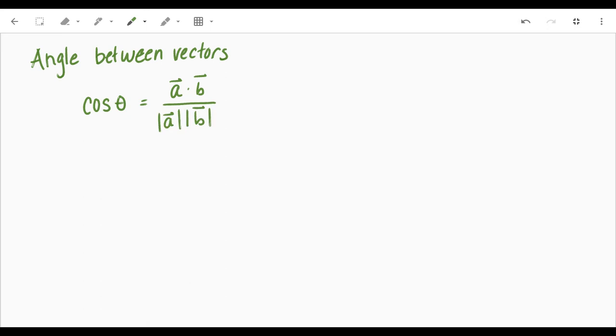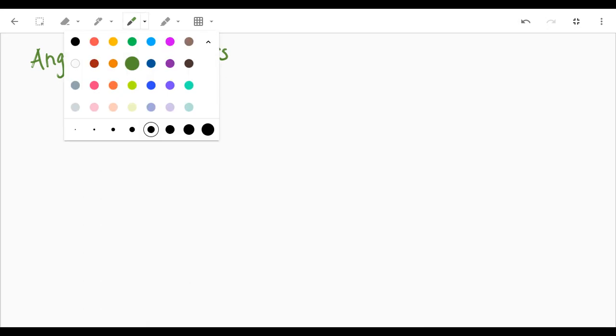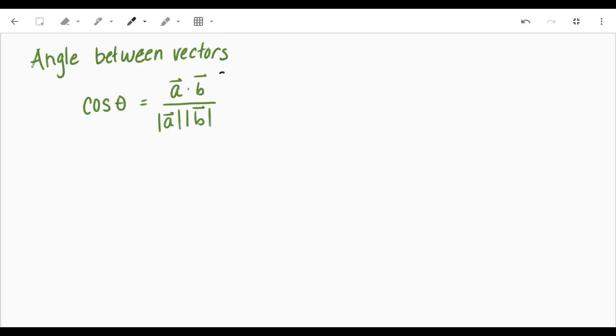Okay, so remember too that your dot product will be a scalar, and each of these magnitudes are also scalars. So you will get a number that's a scalar, and that's the cosine of the angle between them, and then inverse cosine will give you the angle between them.